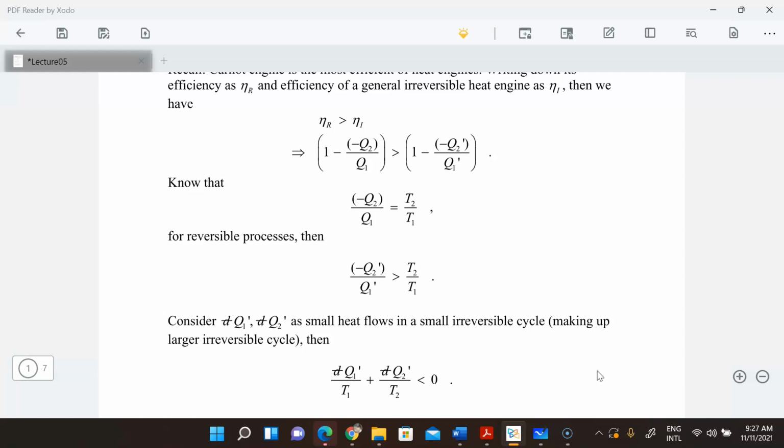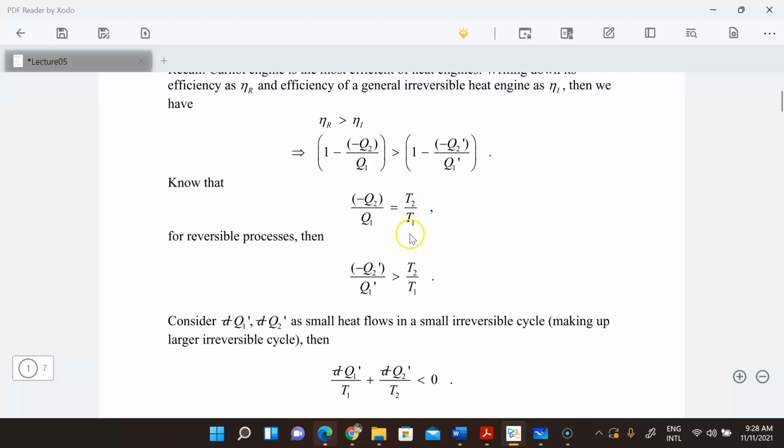Okay. So I will just go through this quickly because it was already in the previous lecture. So as I said, we are looking at the efficiency of the reversible engine and the irreversible one. So for the reversible case, you have an equality, but for the irreversible case, you get this inequality.